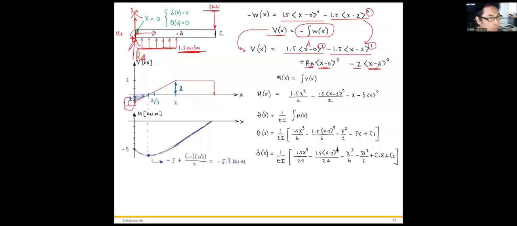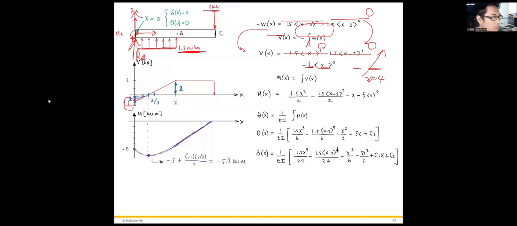This last term can be ignored because x will equal 4, therefore the last term becomes 0. And then we can rewrite this shear function like this.